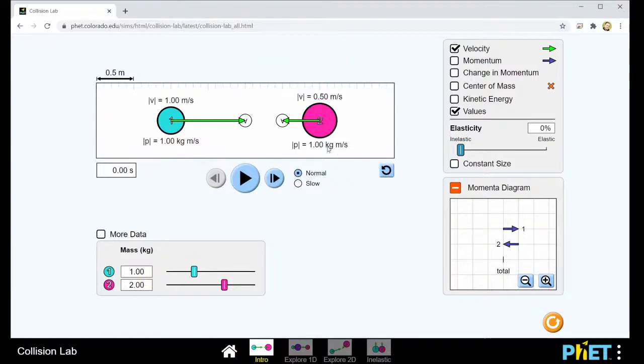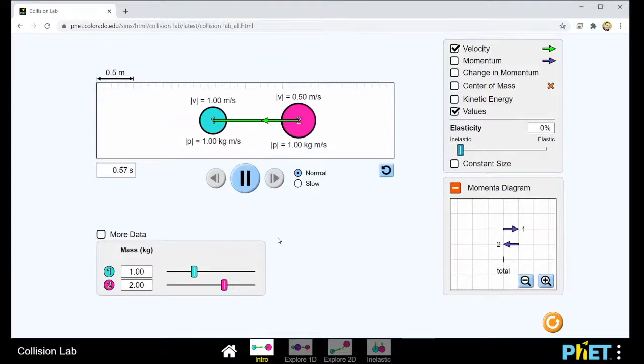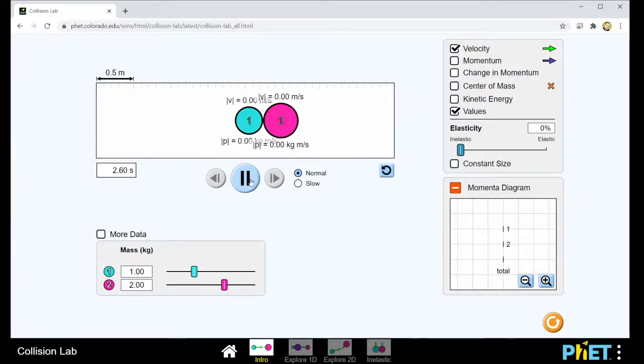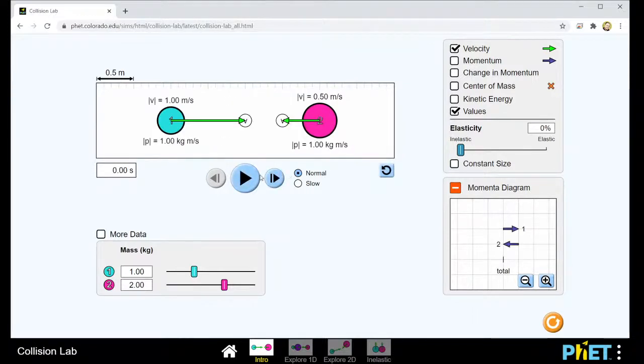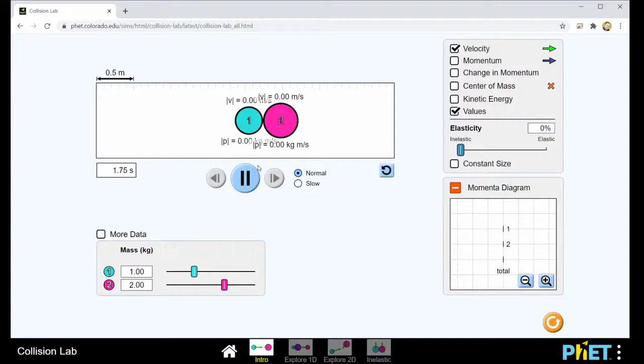So they have the same magnitude momentums pointing in opposite directions. 1 times 1 is 1, 0.5 times 2 is 1. So same momentums, opposite directions. And I have the inelastic case on here, so the total momentum is 0. And we can see that's true. After the collision, momentum is conserved, which means if they stick together, the total momentum is 0.